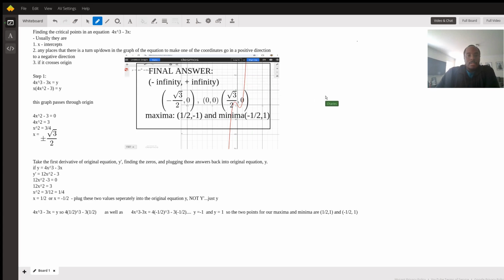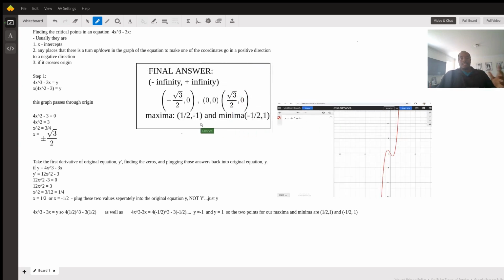All right, so the critical points that I see and how I've been taught to look at it is here, right? The final answer: negative infinity and positive infinity are included in this graph. Remember, it's a quadratic equation, so they go on forever and ever. We have a negative square root of 3 over 2, 0, right here.